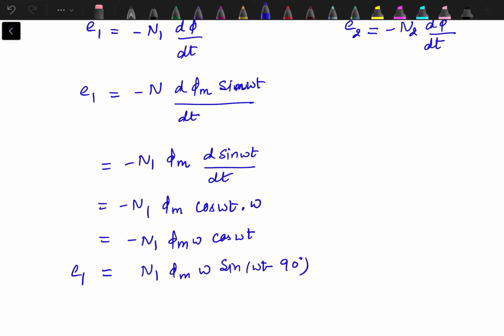So similarly, we can write E2 is equals to N2 phi m omega sine omega t minus 90 degree. Exactly same steps, only difference is that we have number of turns N2 on the secondary side.